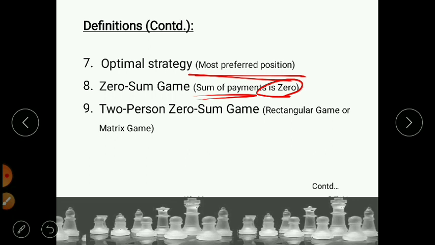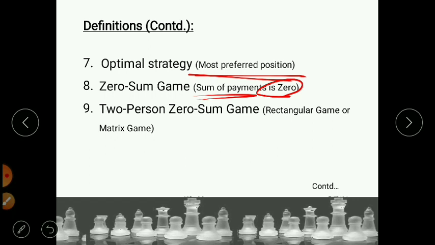For example, two candidates fighting in an election, wherein the gain of votes by any one candidate is the loss of votes to the other.